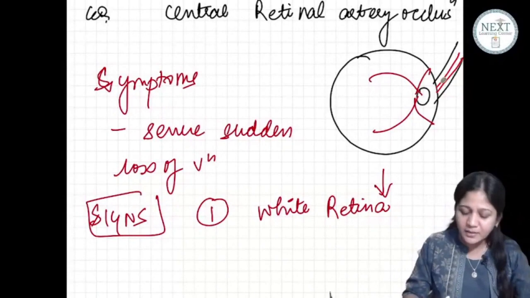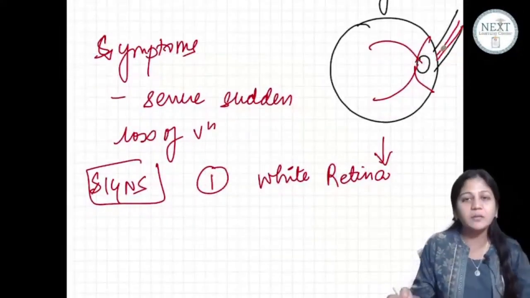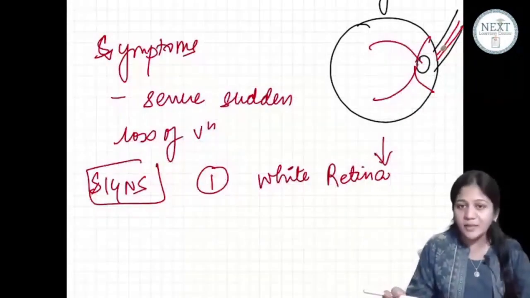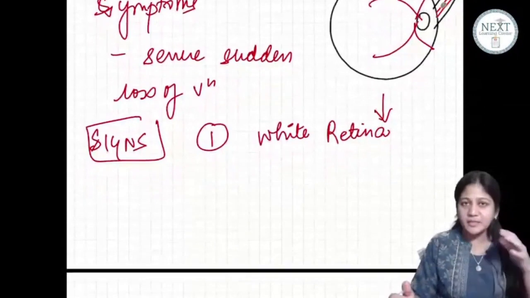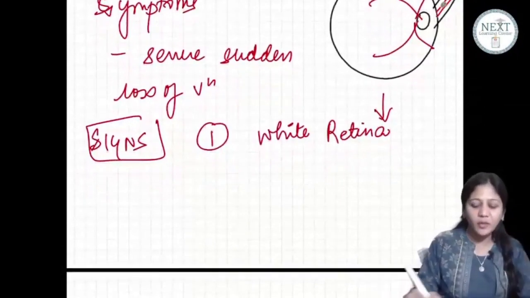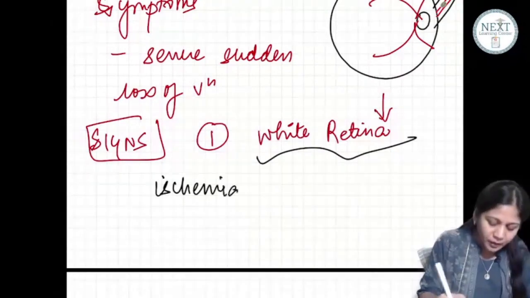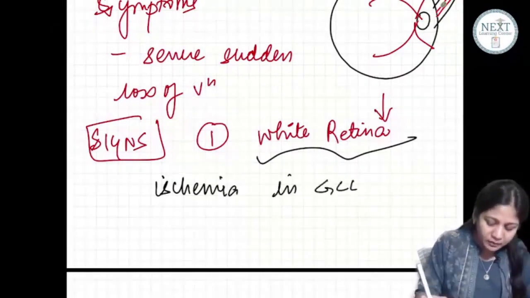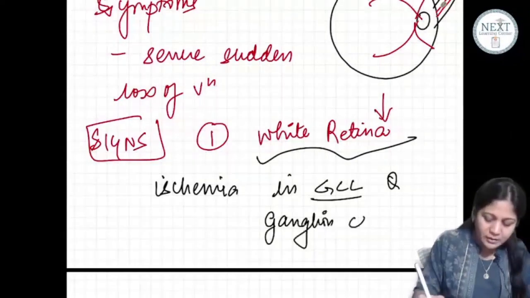The reason is, guys, do you remember the retina was transparent? You remember? So the retina is transparent, and the whitening of the retina is because of ischemia in the ganglion cell layer. The ganglion cell layer of the retina becomes ischemic.